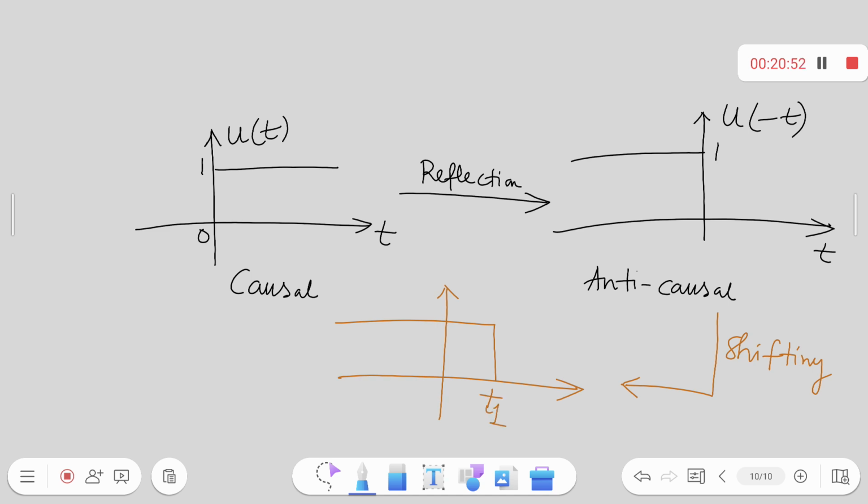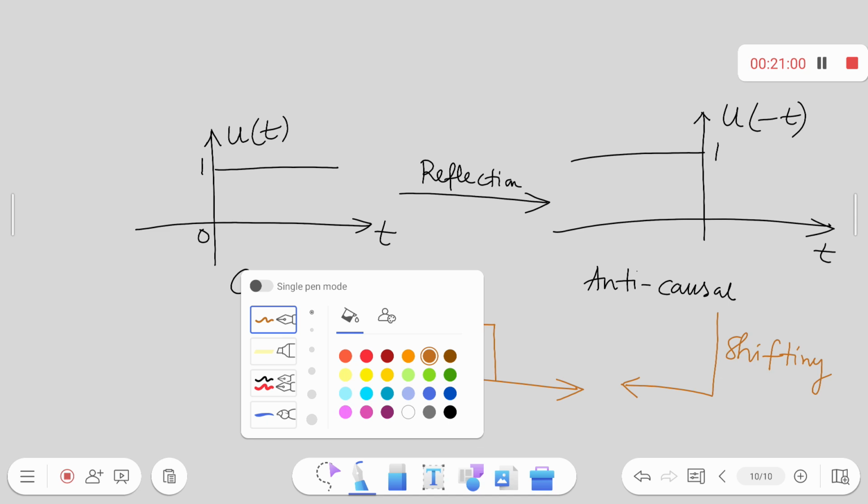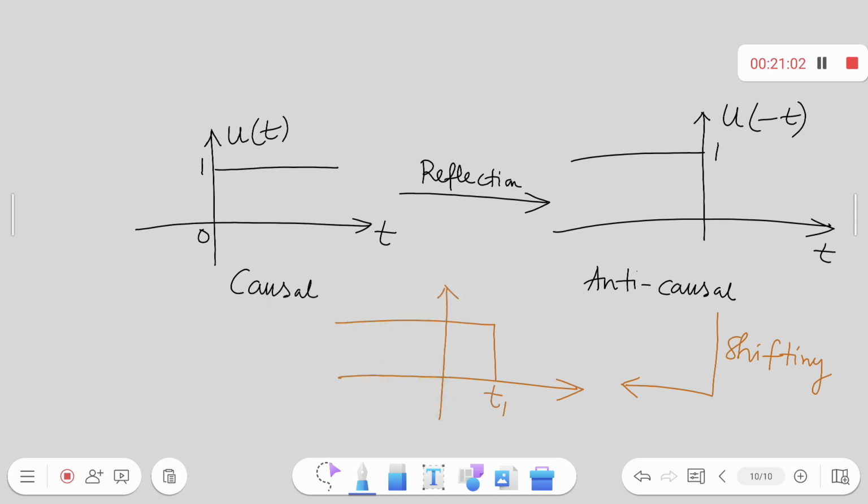Any t1 which is greater than 0. So what signal, u of what? U of minus t.